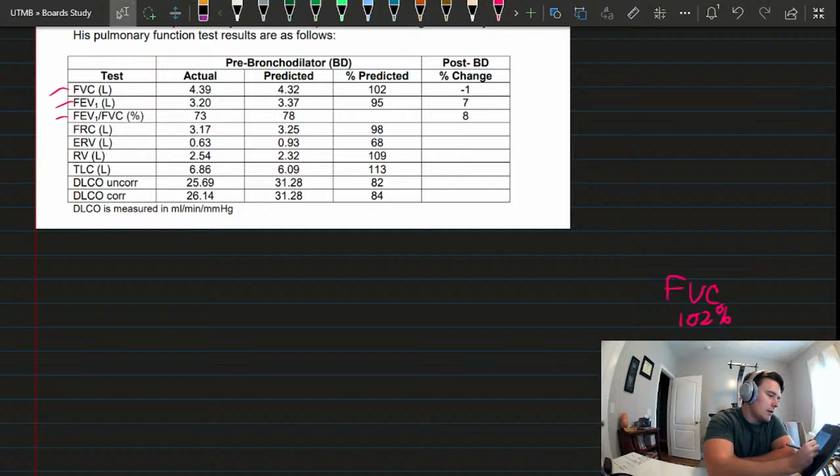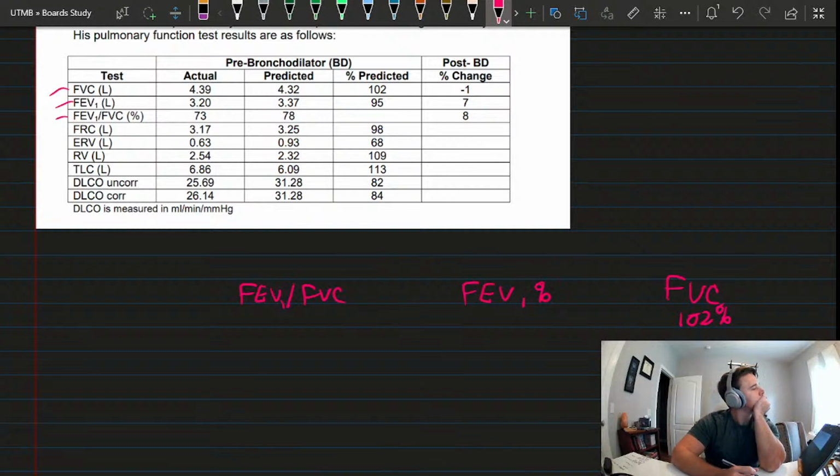So now we've got FEV1 and FEV1 over FVC, and this is percent predicted. So FVC is 102% predicted.